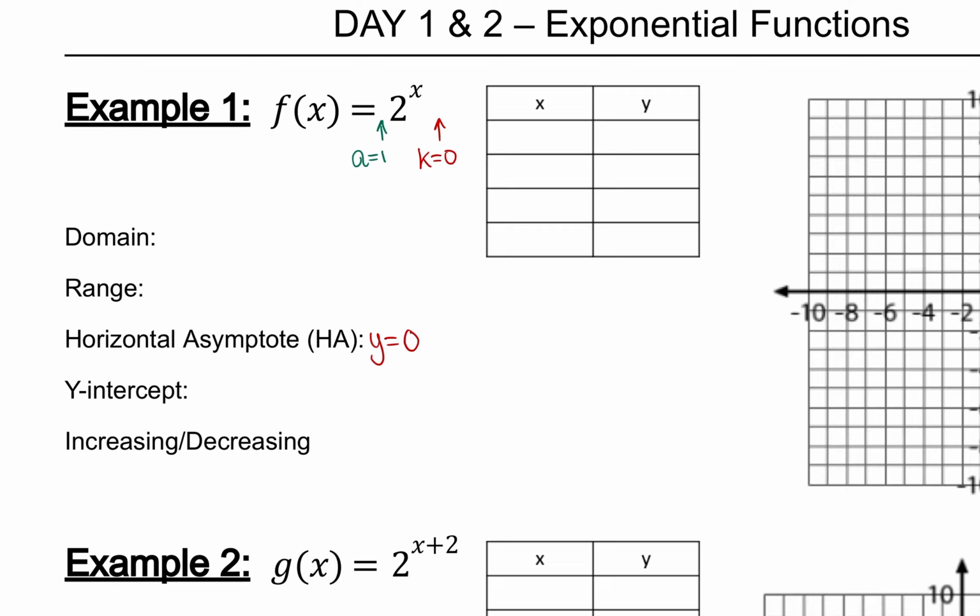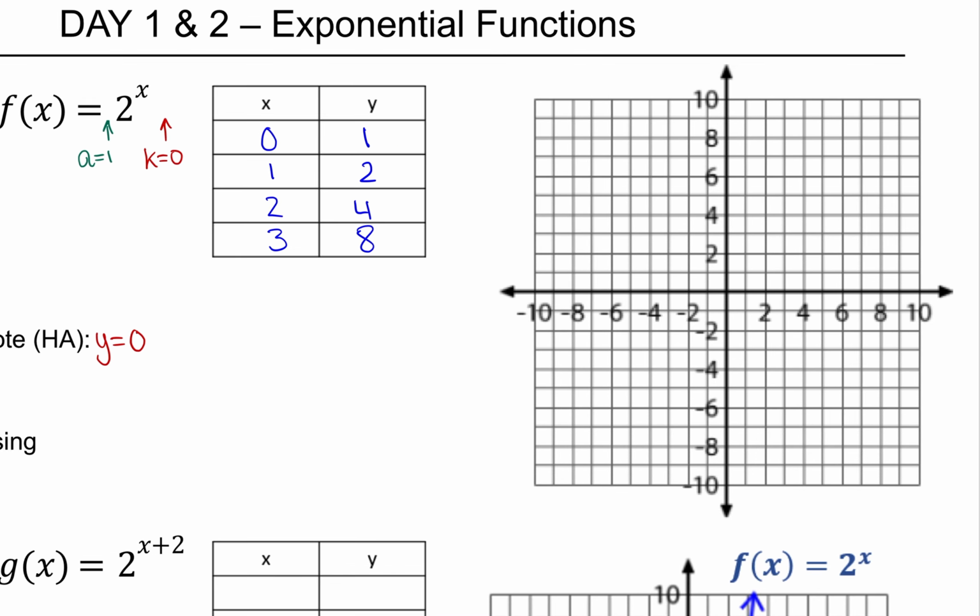From there, if you were to graph this on Desmos, you would get the following points of accuracy: (0, 1), (1, 2), (2, 4), and (3, 8). From there, we will then graph this on the coordinate grid.